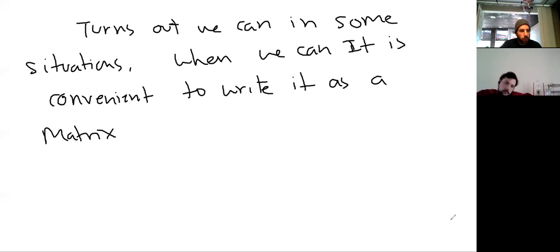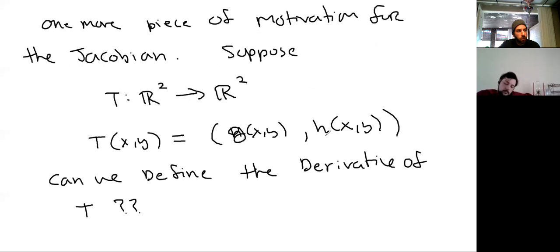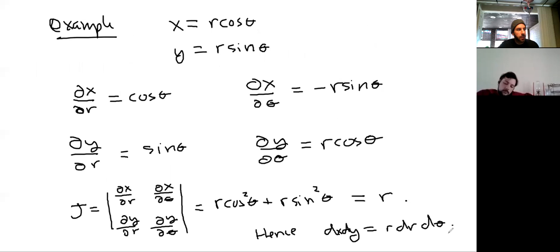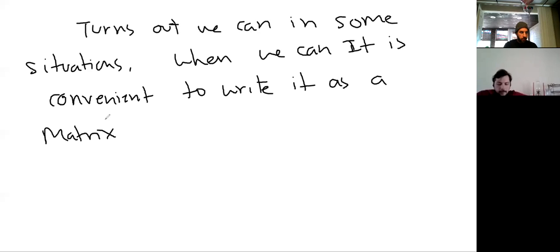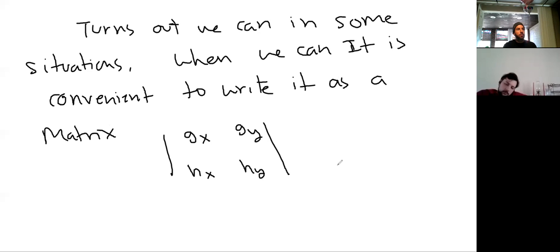Now look at what T is. It has two functions, so it's convenient to write it as a matrix, and you take the first function and do the partial with respect to x and then y, and then take the second function, and that is the derivative.